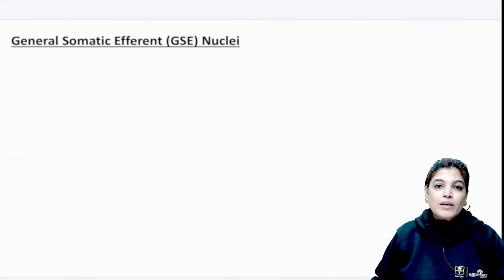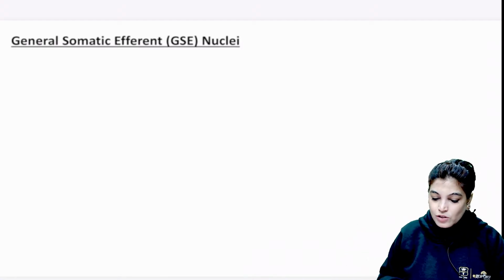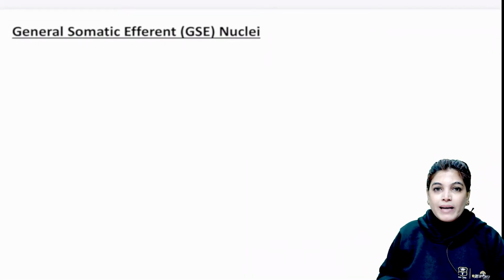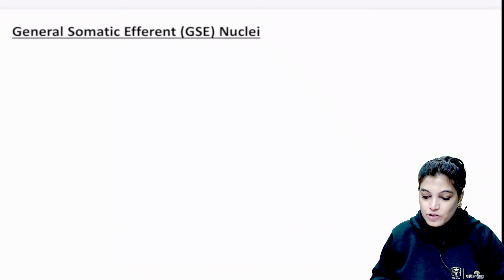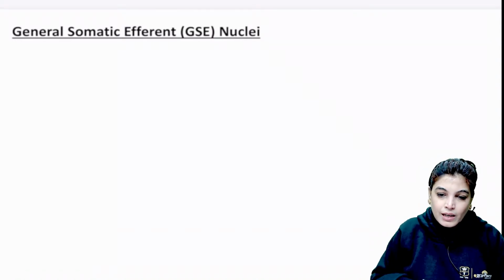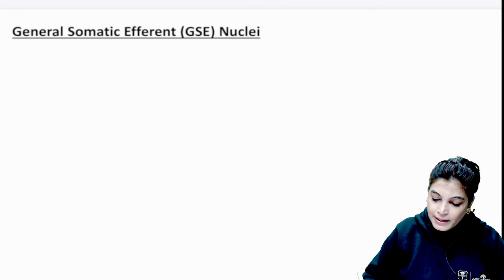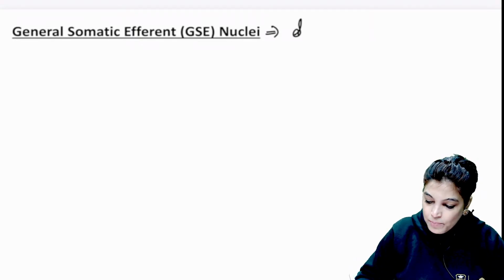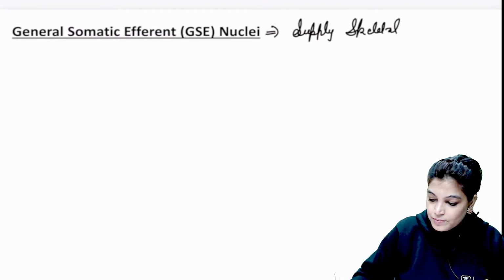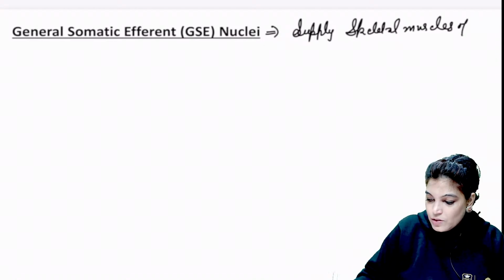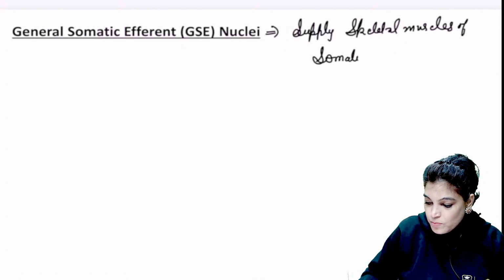So when I'm talking about the general somatic efferent functional column, these nuclei supply skeletal muscles of somatic origin.